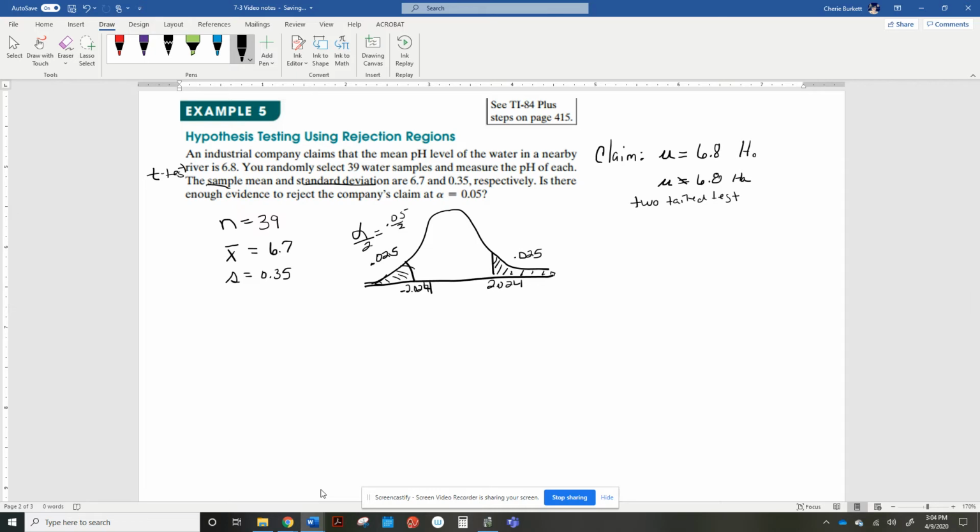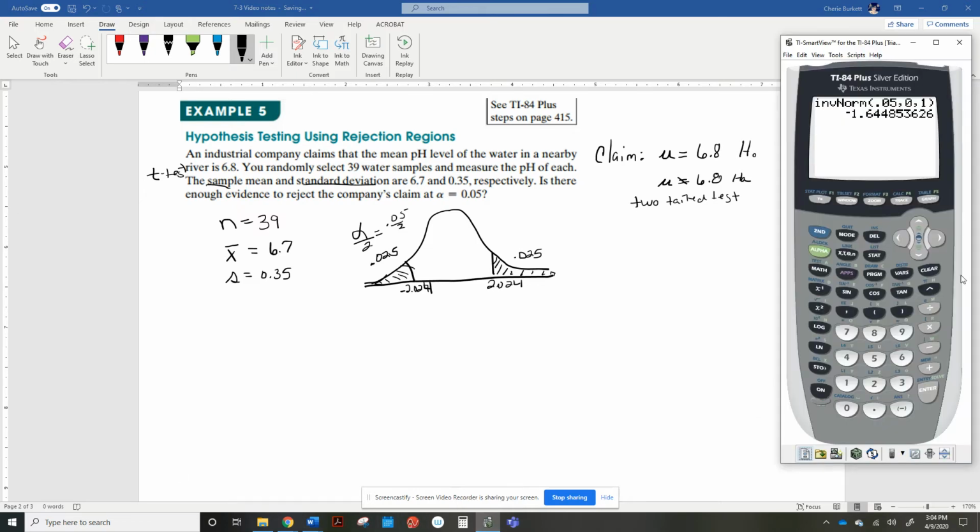I'm going to use the calculator now to find the rest of it. It is going to be a test. So you do stats and you go over to test, and this is a t-test. So you choose option number 2. It's just like before, we are going to use statistics. We don't have a list of data. So you just put in the information.